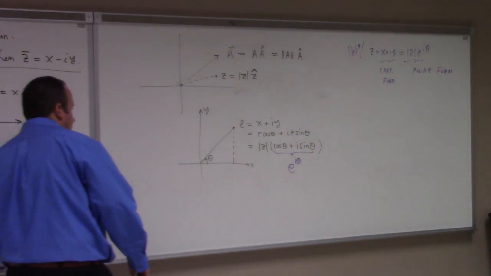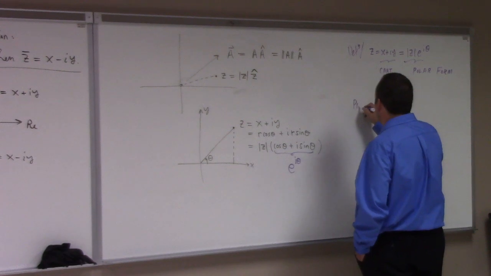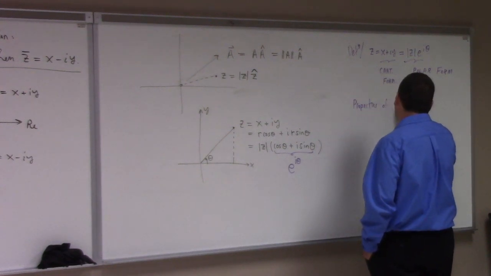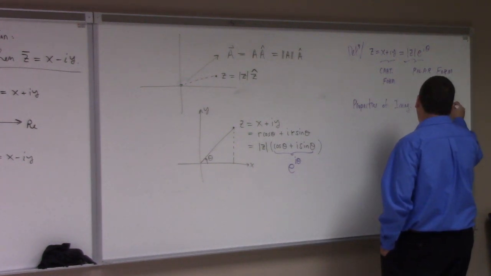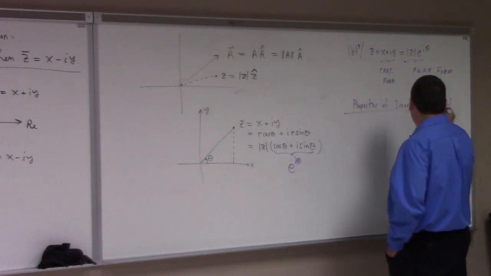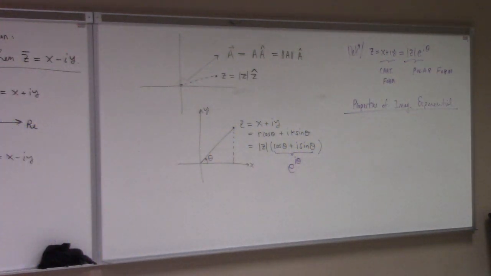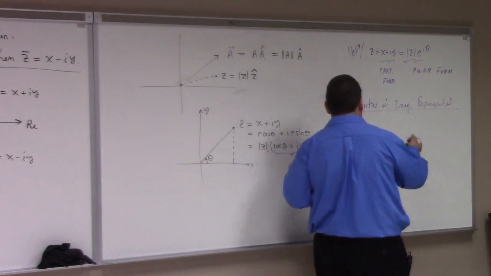Well, what are properties of the imaginary exponential? Just to be clear, the definition is what I wrote in purple. So how about cosine and sine? Are they periodic functions?